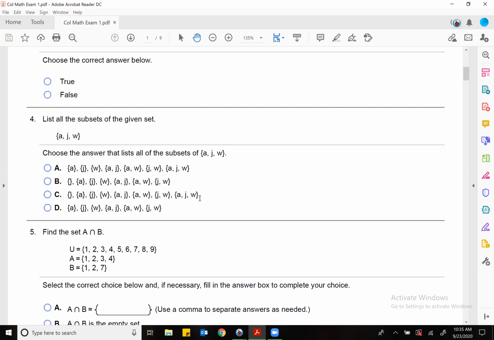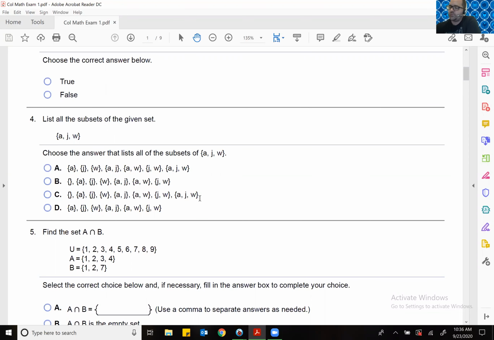Yes. Okay. So there's number 4. And that one came from 2.2. Now we're going to jump into number 5, which jumps into 2.3. We're getting into sets now.